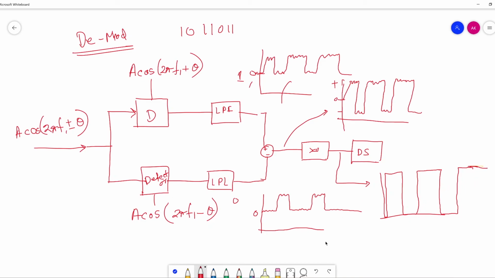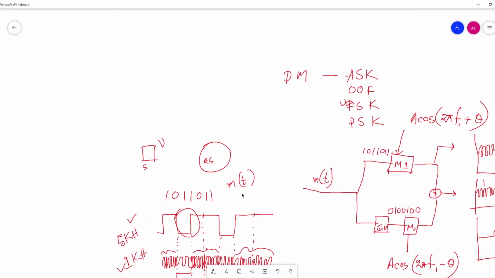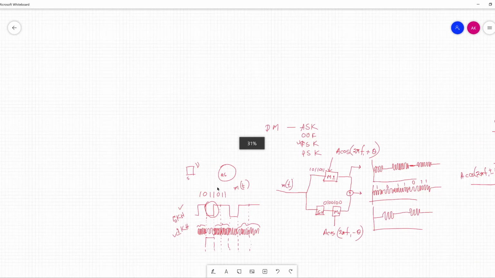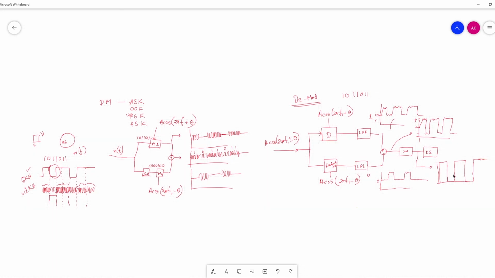Okay, so here is actually our demodulated signal, and if we see from the beginning that we sent some data like this one, and at the output we are also getting this signal.